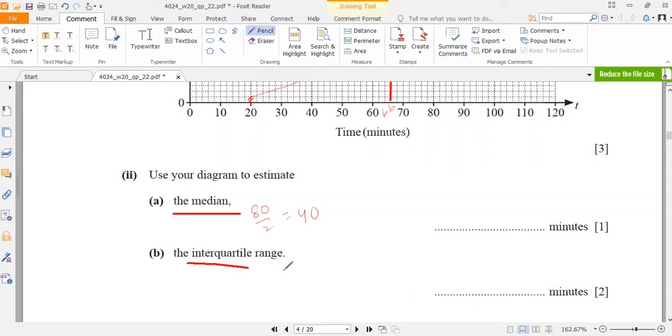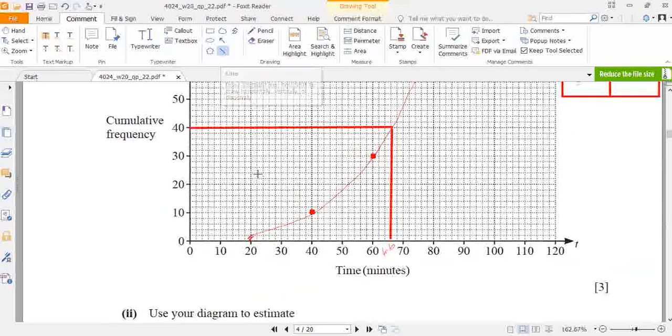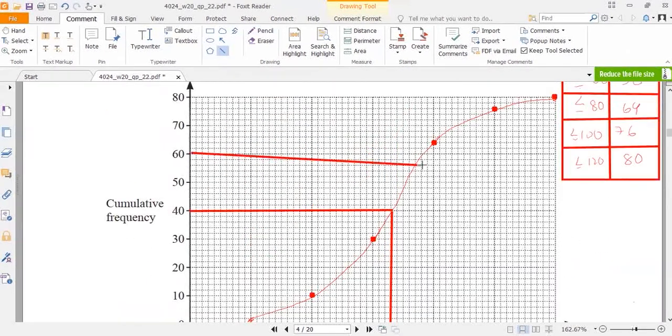Now the interquartile range. Interquartile range means we need to find out Q3 and Q1 and subtract it. Firstly, Q3 is 3 upon 4th of the total, that is 80, so it will be 60, and Q1 is 1 upon 4th of 80, it will be 20. So we need to check the graph for the values of Q3 and Q1. We have 60 here.